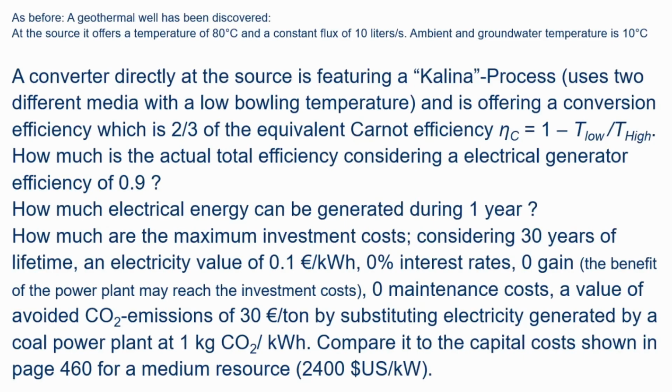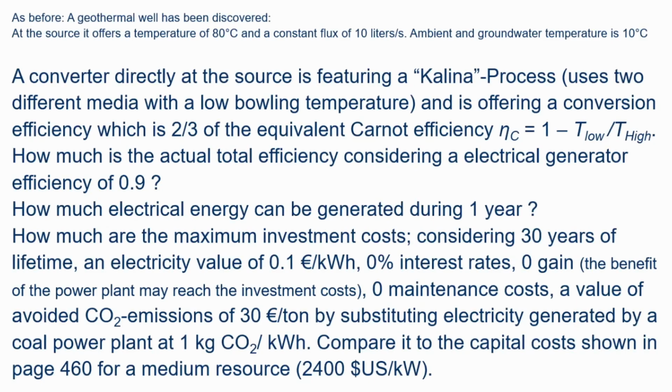How much electrical energy can be generated during 1 year? How much are the maximum investment costs to make it profitable, considering 30 years of lifetime and an electricity value of 0.1 euro per kilowatt hour at 0% interest rates, zero gain? So this is just, we want to find the limit here.